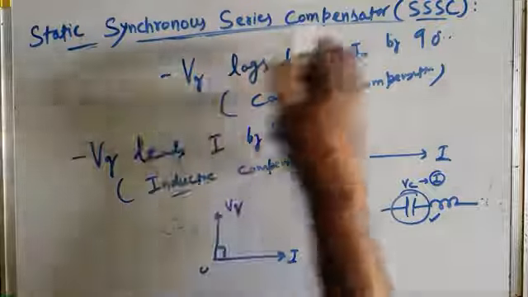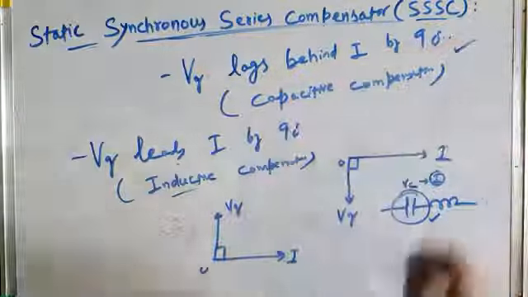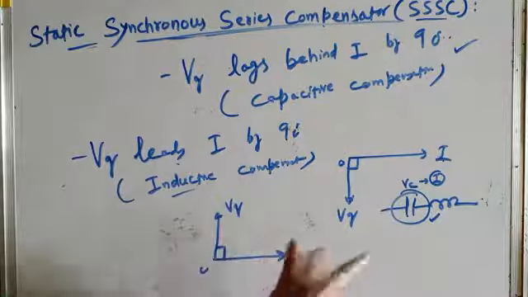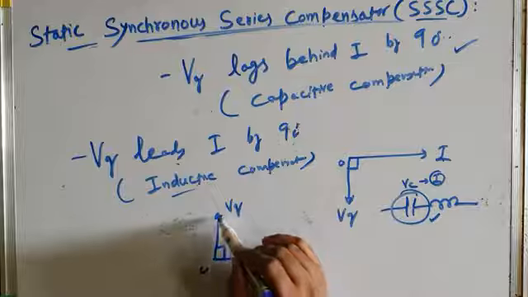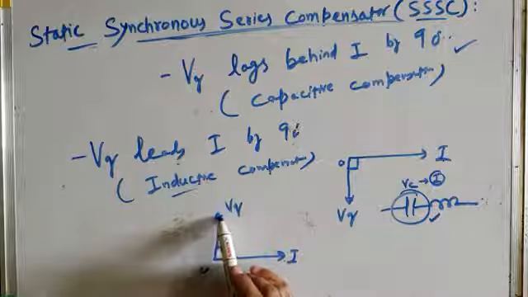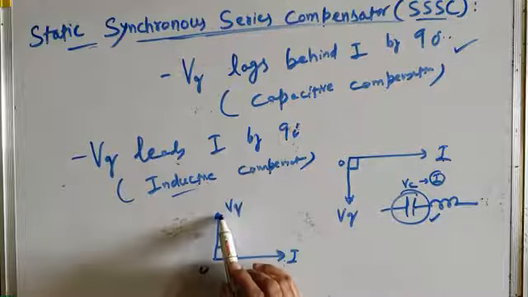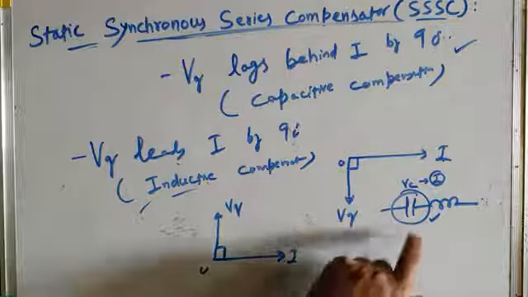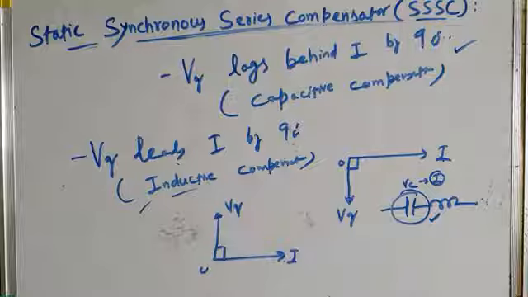But you can make your SSSC produce capacitive compensation if VQ lags I by 90 degrees, or by reversing the phase angle of the injected voltage, you can make VQ lead current by 90 degrees, and in that case it works in the inductive region, just like TCSC. This is something which is not possible with series capacitive compensation.